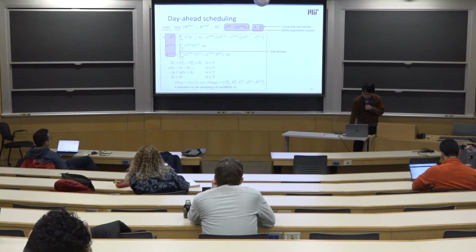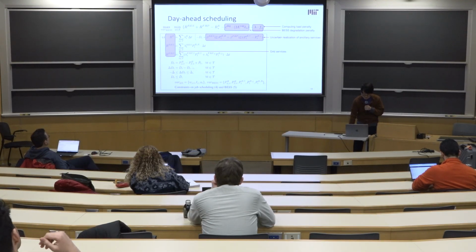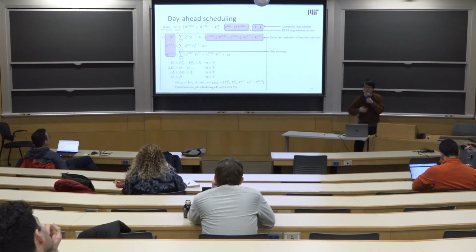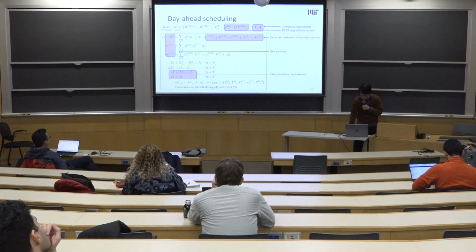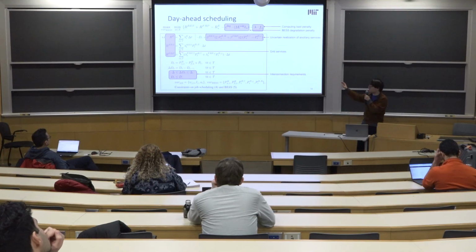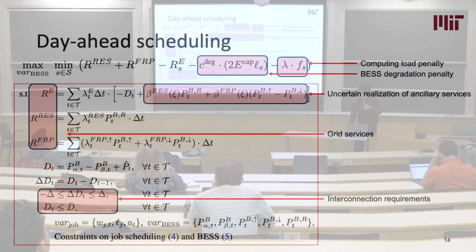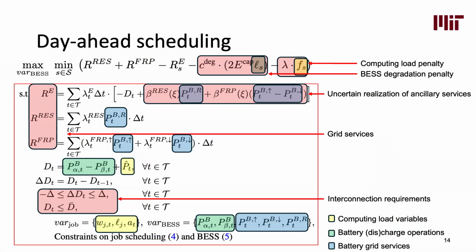This is how the energy markets are evaluated under uncertain realizations, because essentially we are making plans and there will be uncertainties. Then there will be additional requirements on the grid interconnection in terms of peak demand as well as peak ramping rates. And lastly, there are the different categories of constraints: computing load operations, battery operations, and grid services.